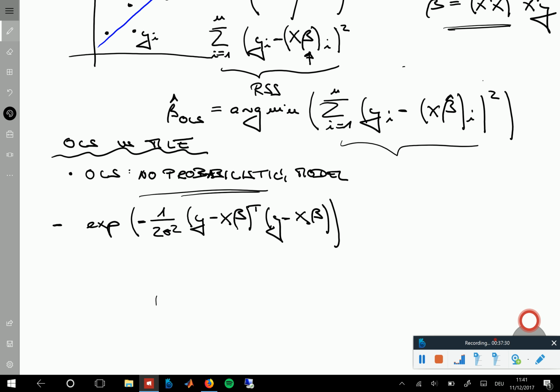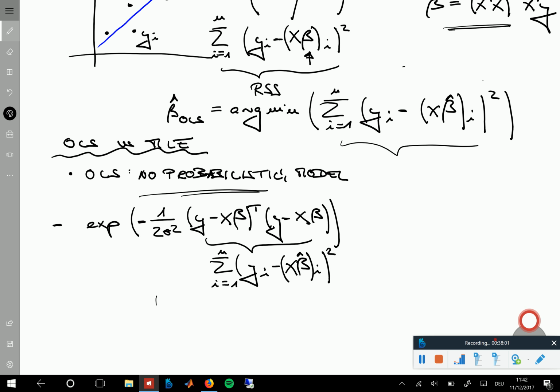And we've also discussed that this is nothing but the residual sum of squares, which is the error function or the scoring function or the loss function, however you want to call it, of the ordinary least squares approach.